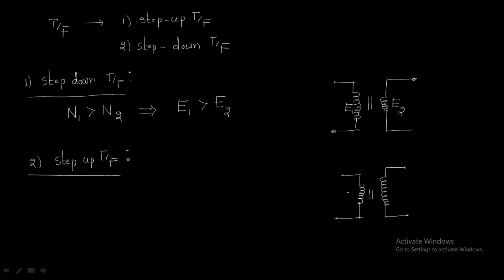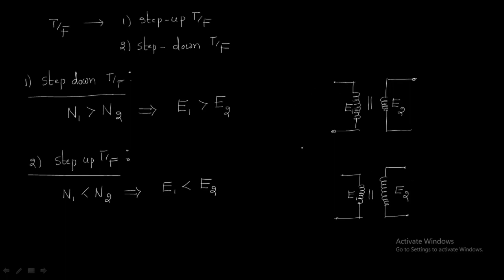Primary turns are less, E1, and this is the E2. Here primary turns are less compared with the secondary turns. Then automatically induced EMF value is less compared with the E2. Then step up transformer. Here we are applying less voltage, we will get the more voltage in secondary side.